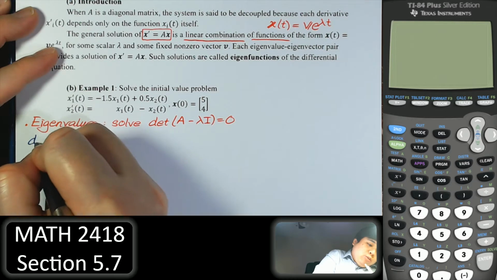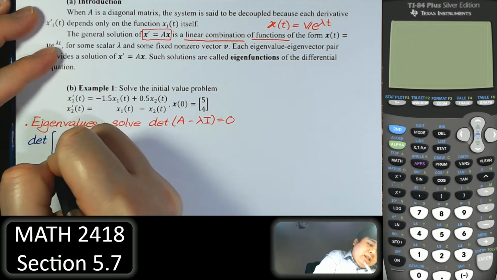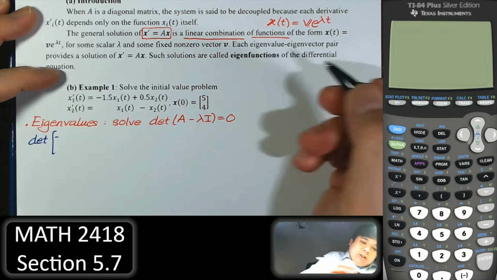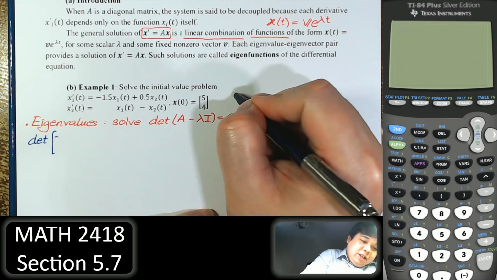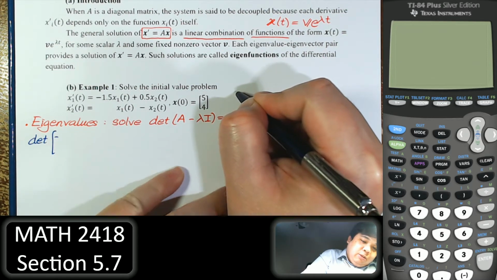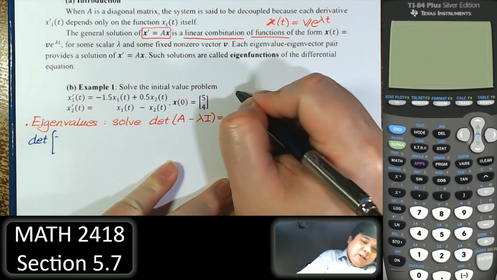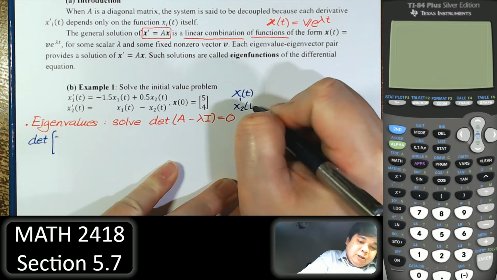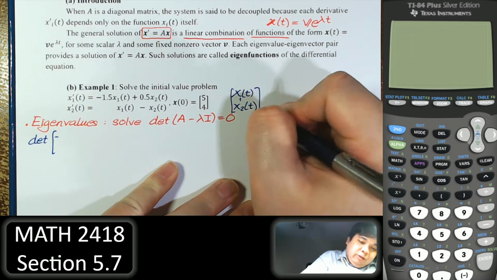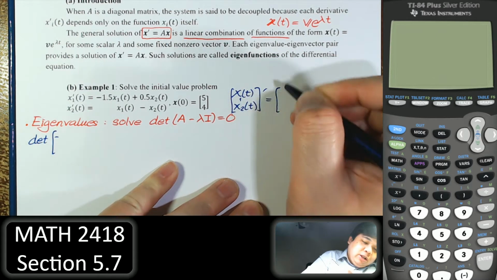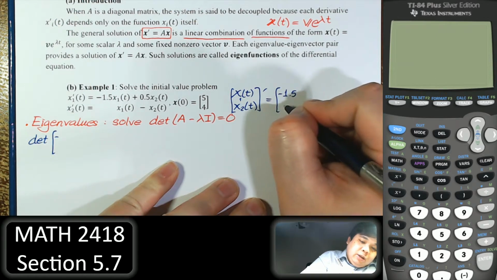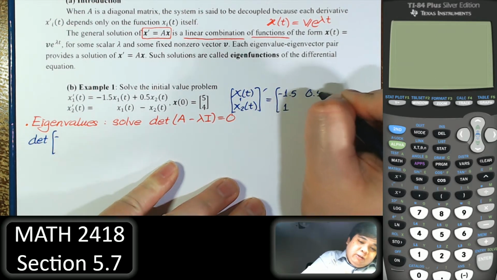I'll try to write small because we may need a lot of space here. First of all, let's just rewrite this in matrix form. We have the derivative, and then the matrix -1.5, 1, 0.5, -1.